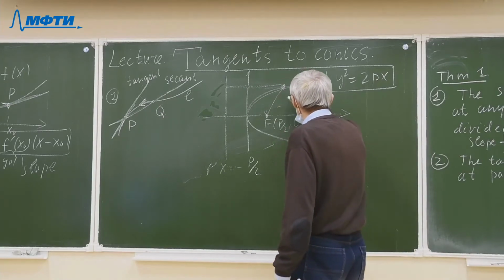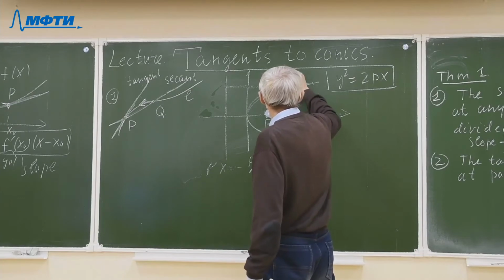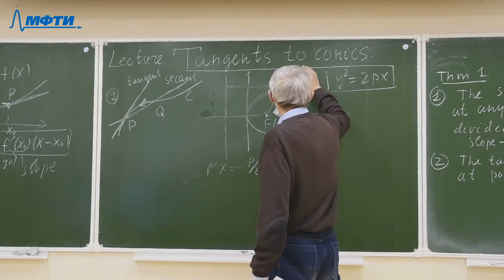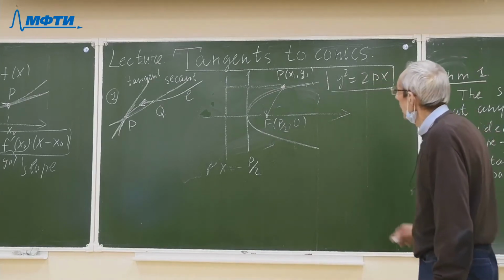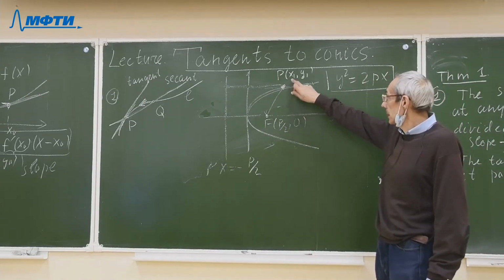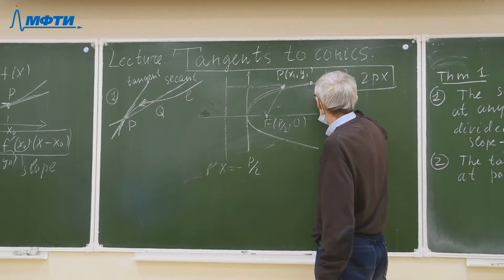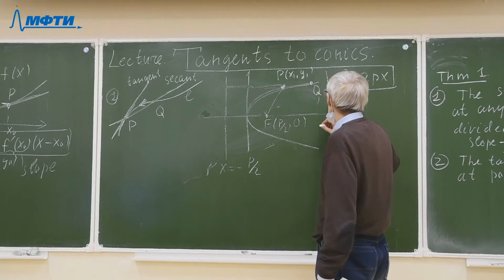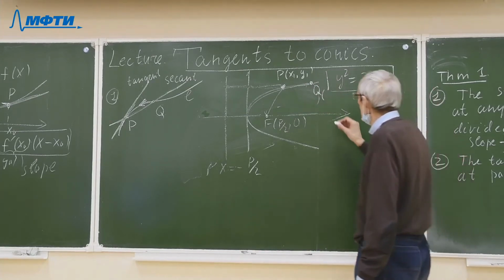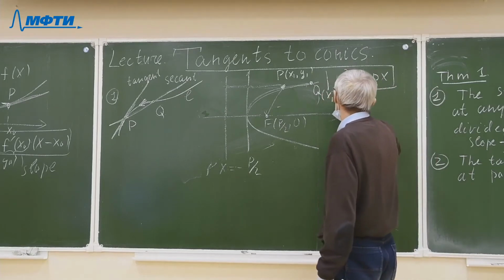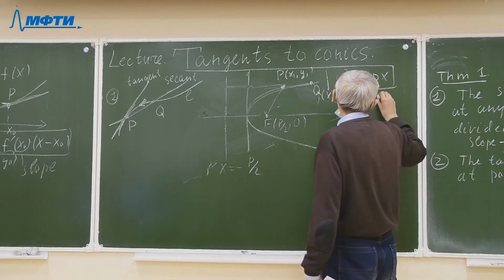And let P be a point on the parabola, and this point has the coordinates x1, y1. Let's consider another point Q, with coordinates x1 plus h, y1 plus k.